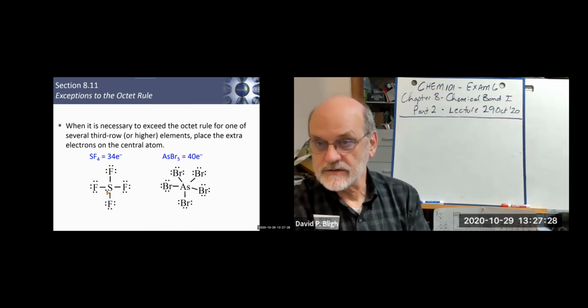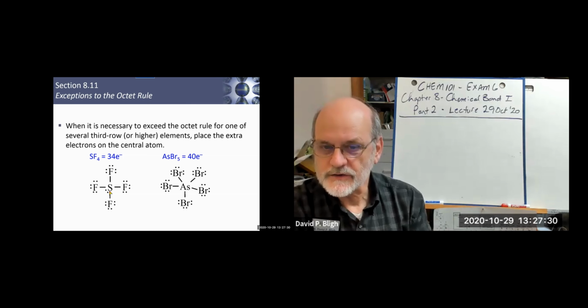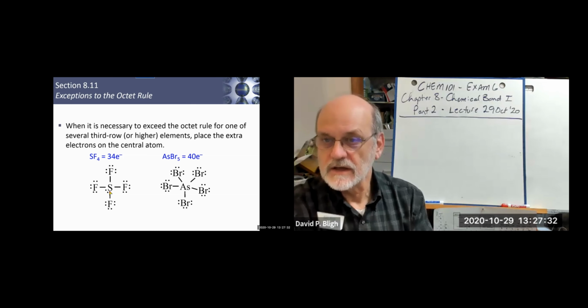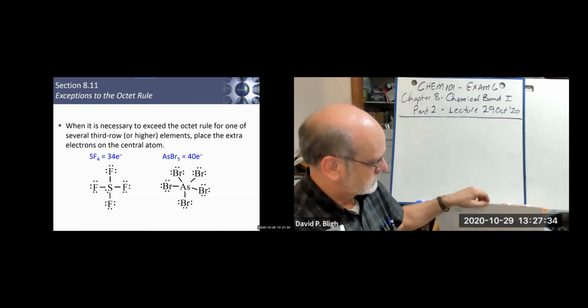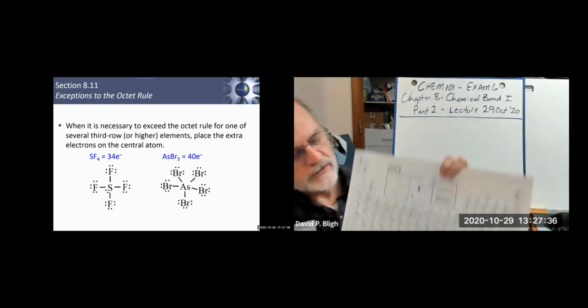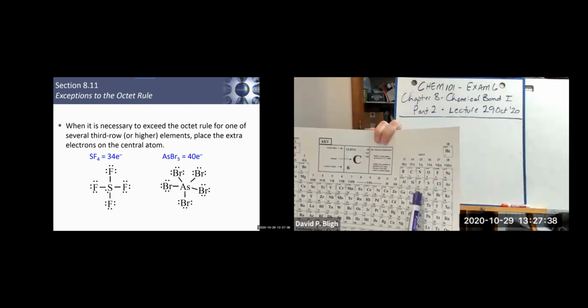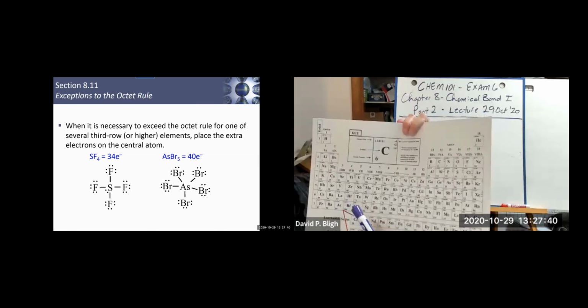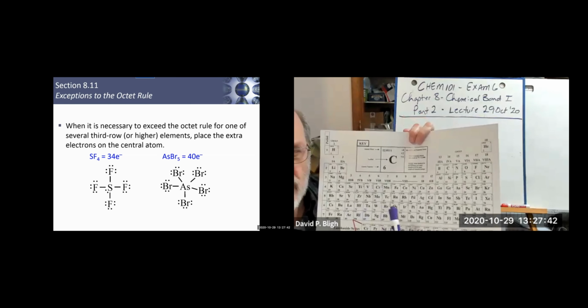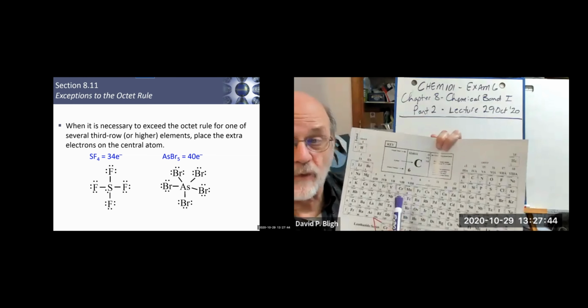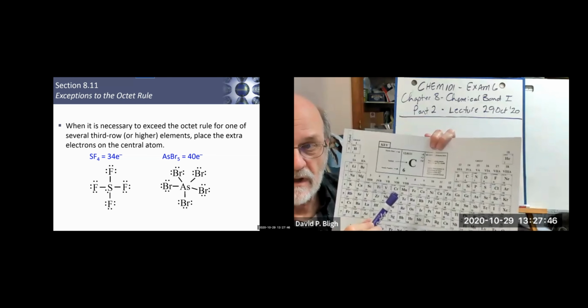excess octets, because where is sulfur and where is arsenic in the periodic table? There's arsenic right there. It's in the fourth period. So what does the fourth period have access to? What does n equals 4 have access to? Right?